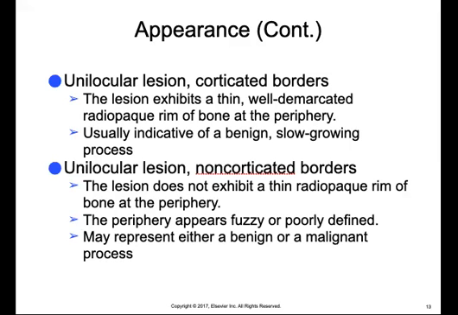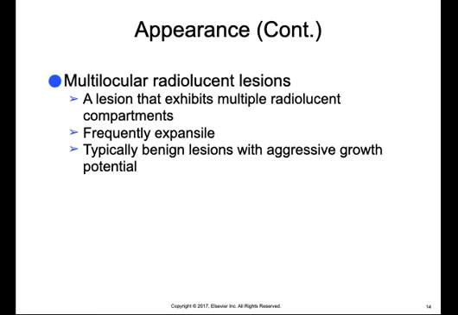A unilocular lesion with non-corticated borders does not exhibit a thin radiopaque rim of bone at the periphery. Instead, the periphery appears fuzzy or poorly defined. A radiolucency with ill-defined or irregular margins may represent either a benign or a malignant process.